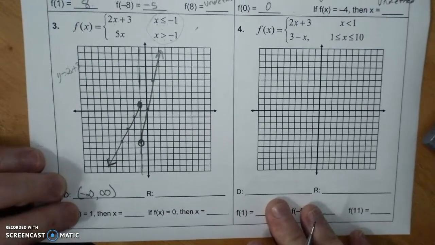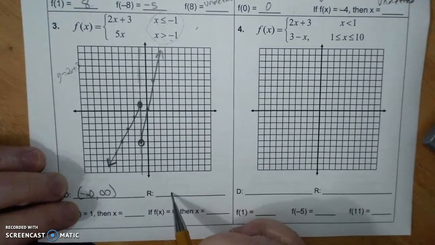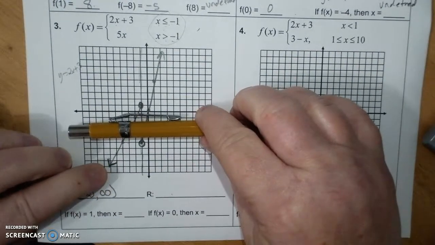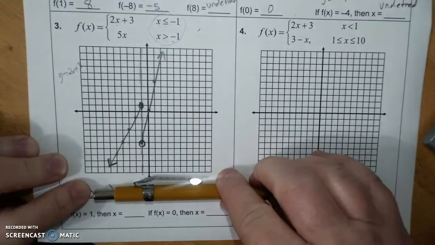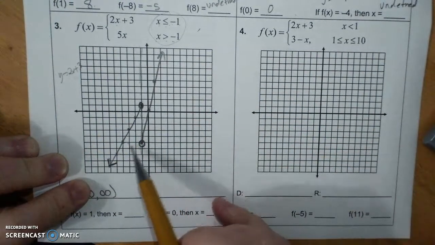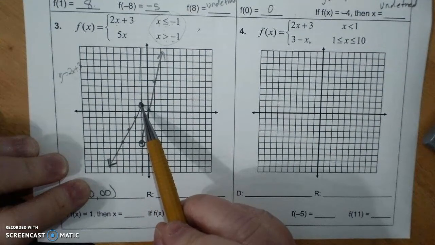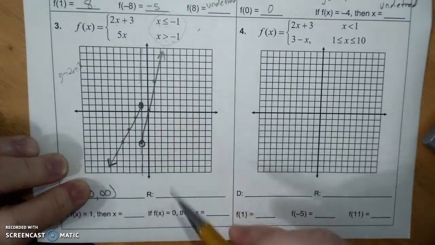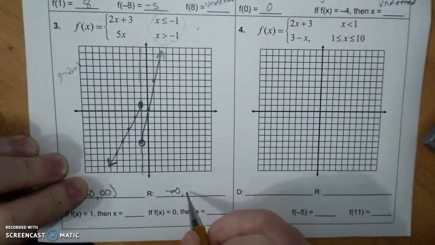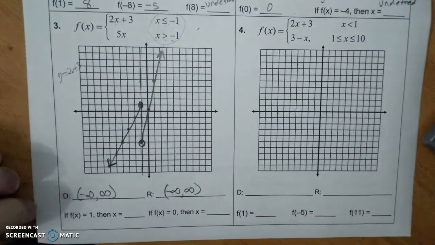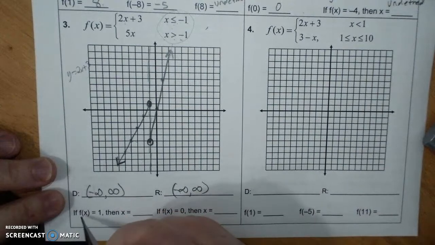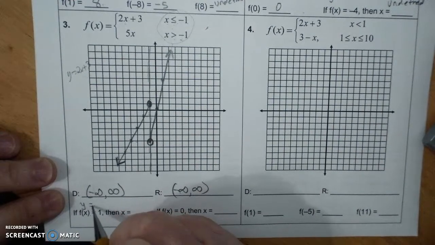So then what I'm going to do is I'm going to get the range. How far down? Well, that arrow says it can go down as far as it wants. When it got up to here, that's okay, because as soon as it got up to here, it continues on going up. So this is also negative infinity to infinity. Okay? When f of x equals 1, when does y equal 1?